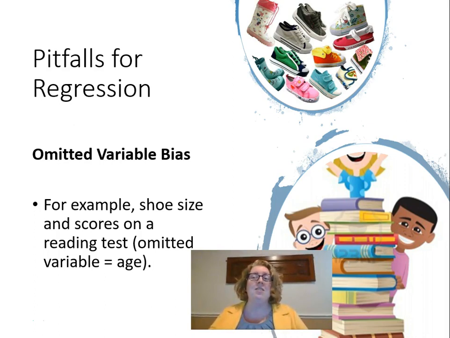It turns out, though, that 5th graders have much bigger feet than kindergartners. 5th graders are also on higher reading levels than kindergartners. So rather than using shoe size, I left out grade level. Grade level would be a much more explanatory variable for that. That's also similar to the example we did before with exercise and school achievement. I left out socioeconomic status as an important factor in that relationship.